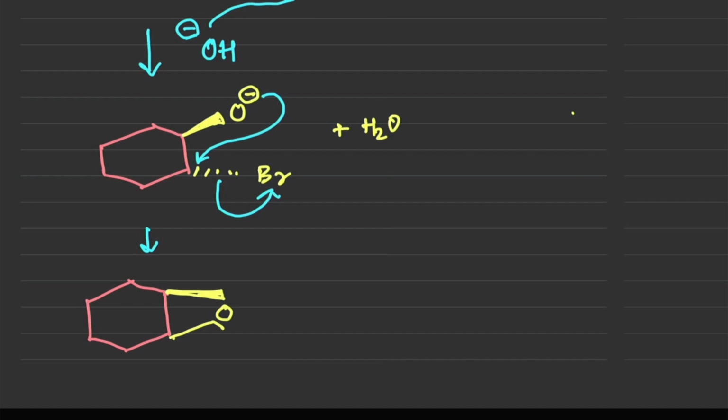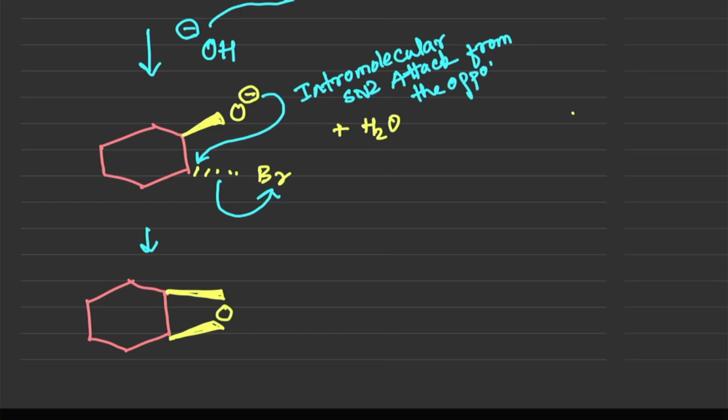which looks like this. This is an internal SN2 attack, an intramolecular SN2 attack, from the opposite side of the bromine.